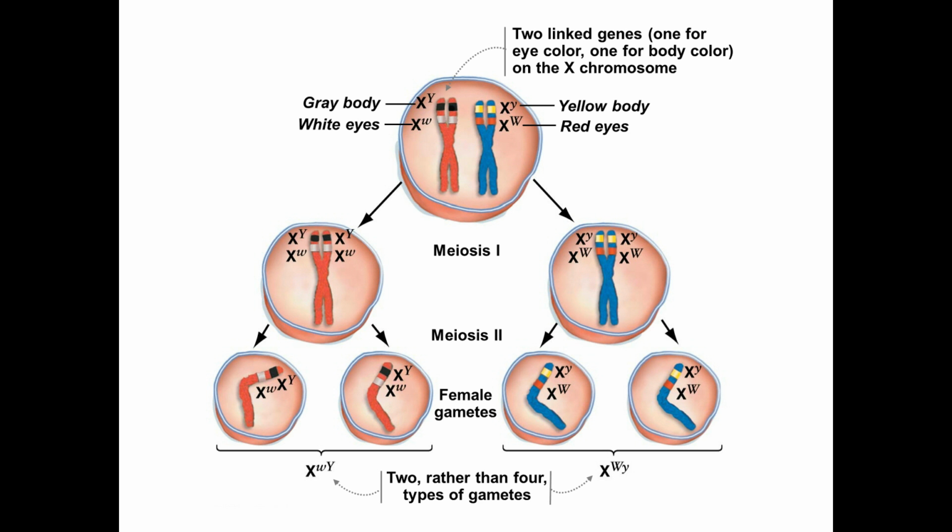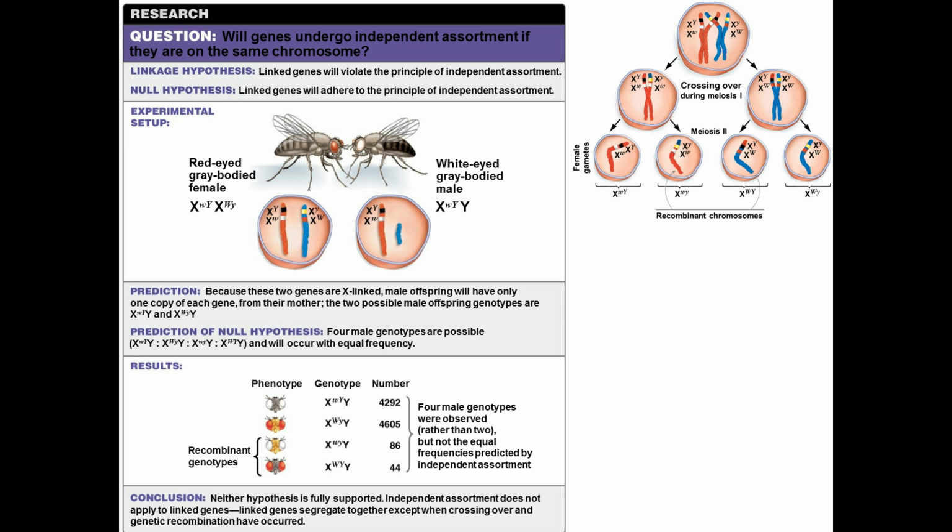So the genes for body color and eye color are inherited together. They're linked. So will the genes undergo independent assortment if they're on the same chromosome? Linked genes violate the principle of independent assortment, that two different genes assort independent of one another, which is true.